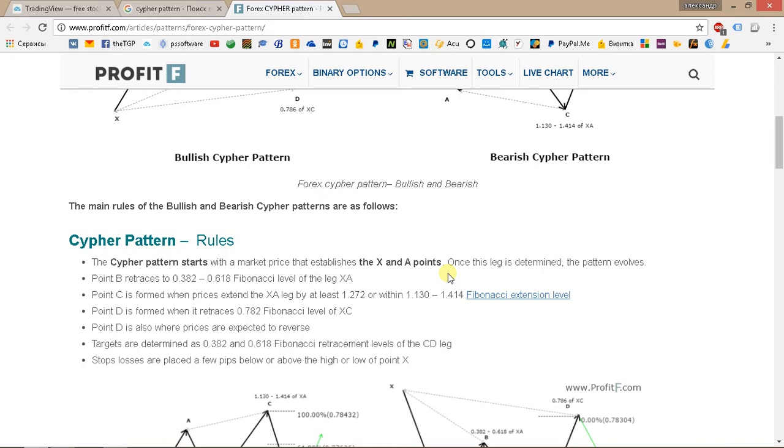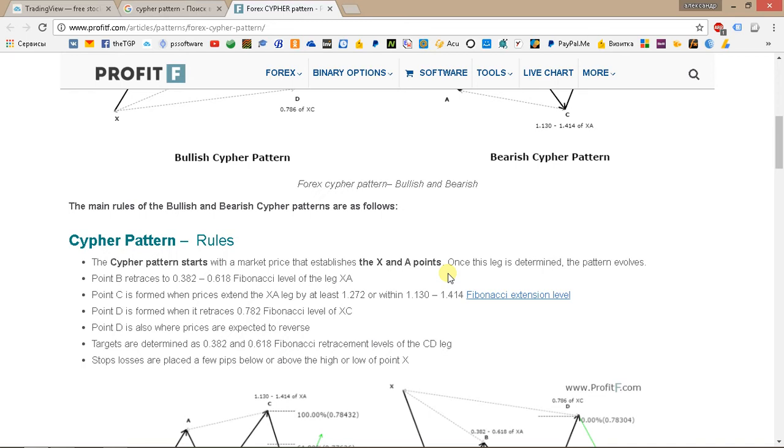There are two things that may be an XA leg. The first is called an impulse leg, and the second is called an anchor leg. An impulse leg is a market movement that violates some structure, and an anchor leg is a market movement that doesn't violate some structure and takes place within some periods of consolidation.